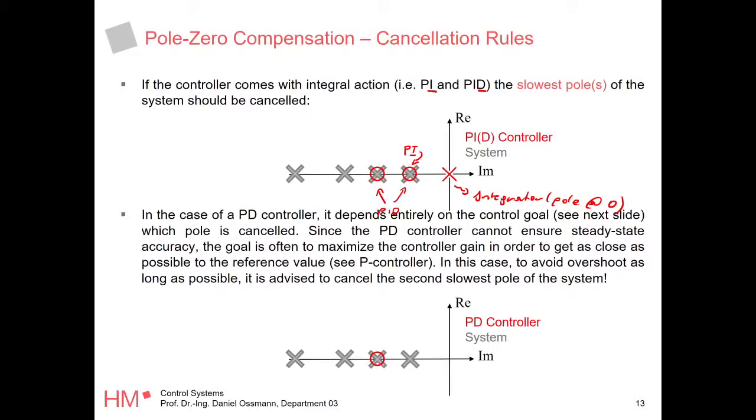So you have many more reasons to sometimes use a PD controller, and there it really depends what your goals are. And this dependency determines which pole you need to cancel. Obviously, you could say, I'm always going to cancel the first one here. Could be true, but in practice, it's more feasible most of the time to cancel the second one.